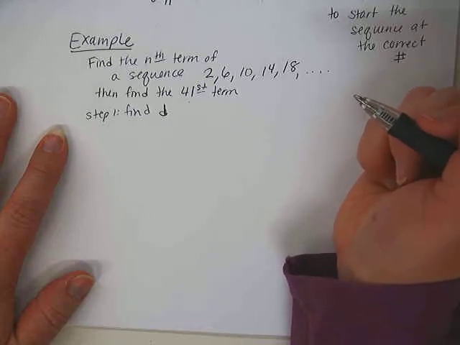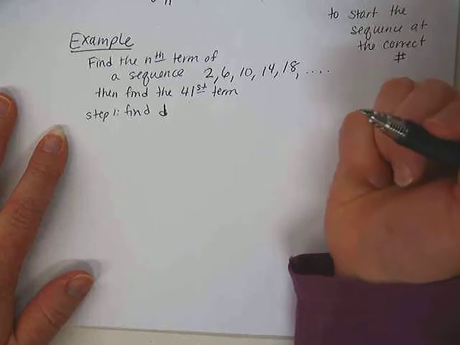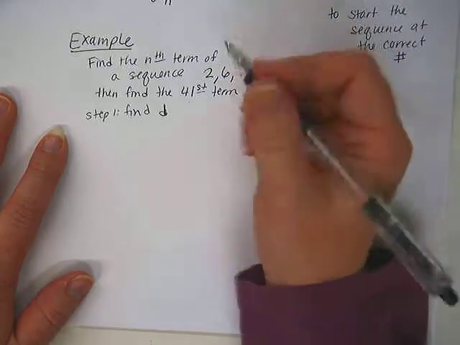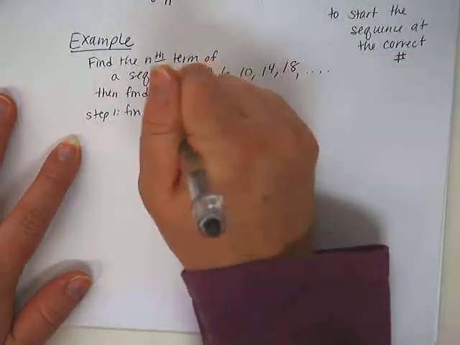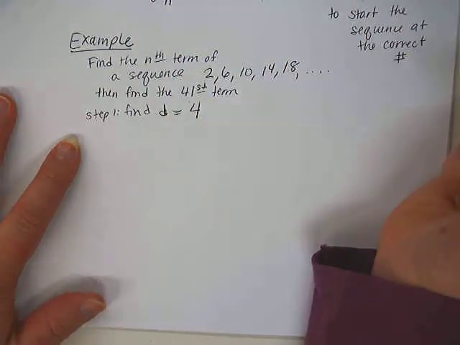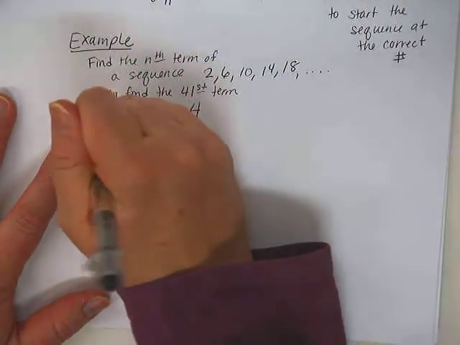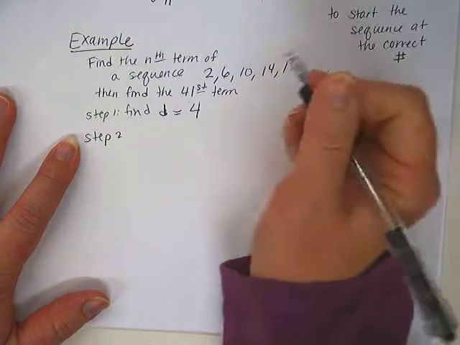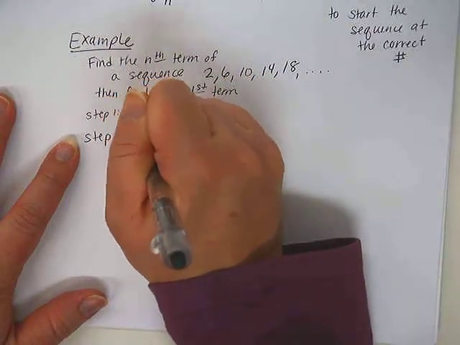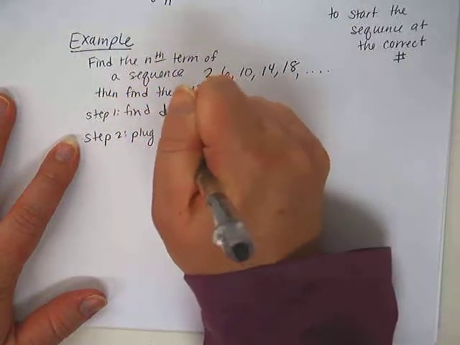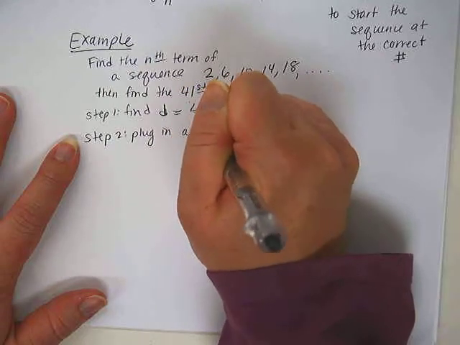So you look at your numbers and you subtract them if you need to, and you notice that it's adding 4 each time. Is it possible that it could be created by adding a negative number each time or subtracting a number each time instead of adding? Does that mean the same thing, just a negative slope instead of positive? Yeah, it still fits in the same category. Okay, but this one's a positive 4.